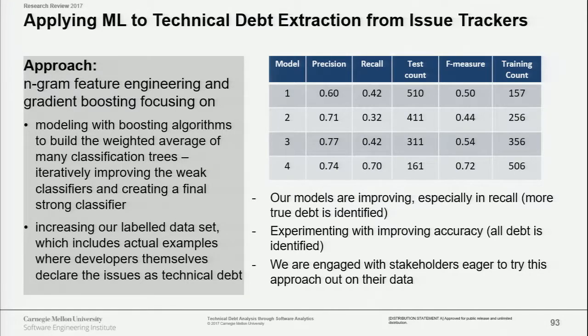One is we're able to actually recall, which means more technical debt is accurately identified, and we're also able to identify most of the technical debt in our data sets. This is exciting progress, although there's a lot of data analysis and cleansing that goes on in the background, because we also have organizations who are coming to us and say, tell us when it's ready, because we want to apply, we want to be able to see that.